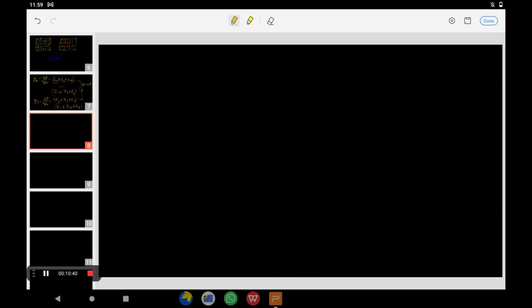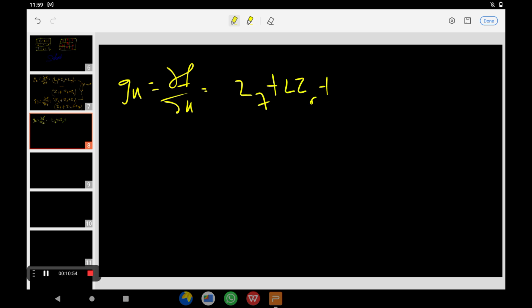At the same time, for getting the Sobel operators we also have two equations. Gx is equal to dou f by dou x, that value is equal to Z7 plus 2Z8 plus Z9 minus Z1 plus 2Z2 plus Z3.